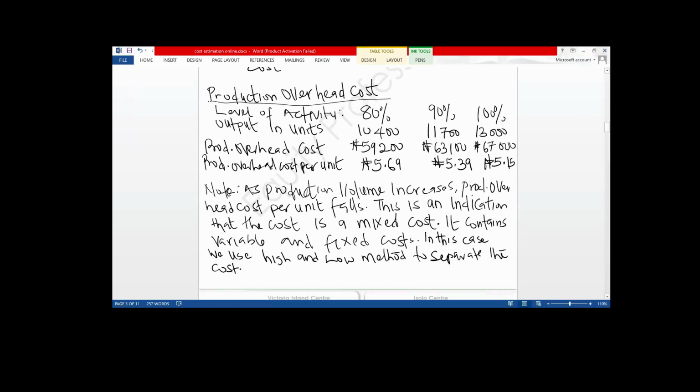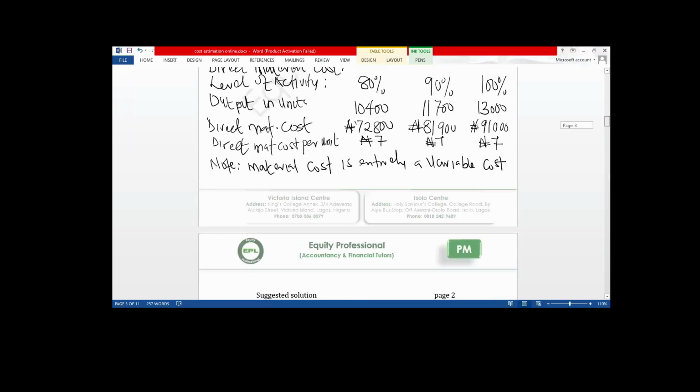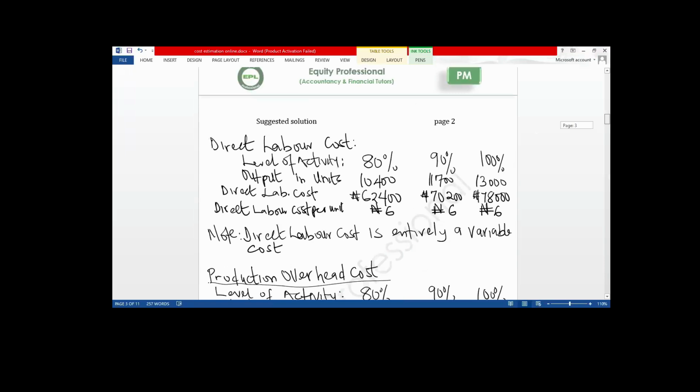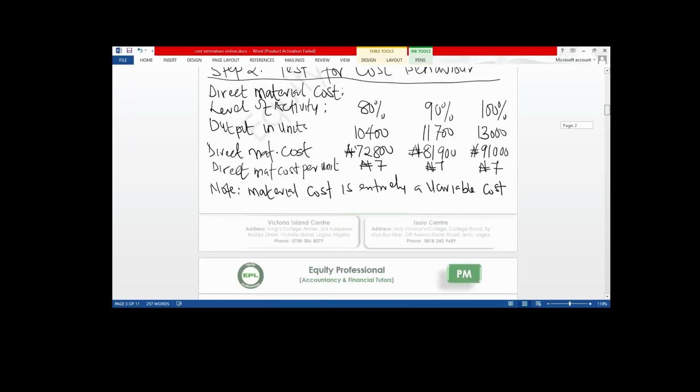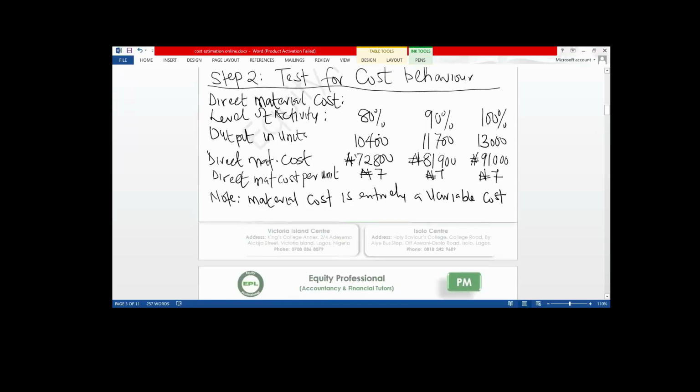Let me take you back to that calculation quickly. It's a good question she asked anyway. Look at production for activity level 80. When the company produced 10,400, total variable cost was 72,800.